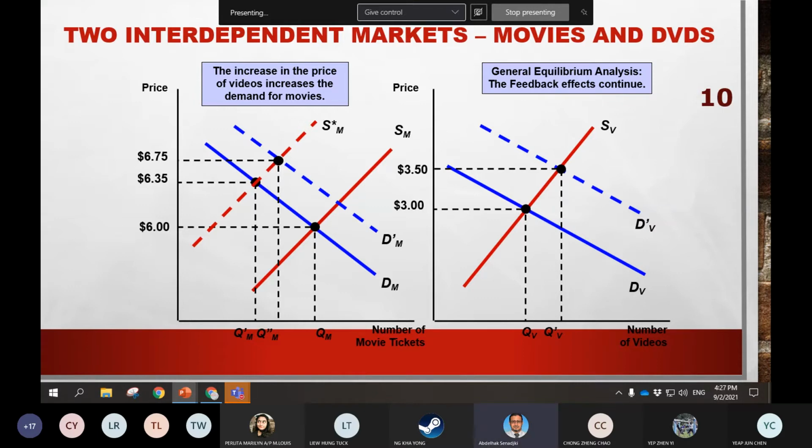So you can see here, we can determine the equilibrium prices and quantities of both movies and DVDs simultaneously.